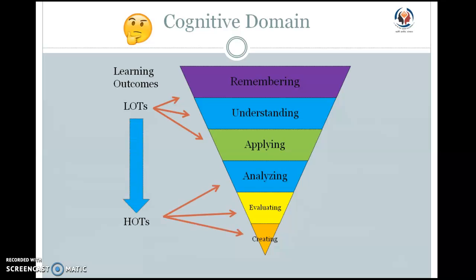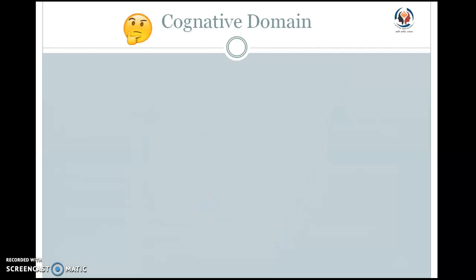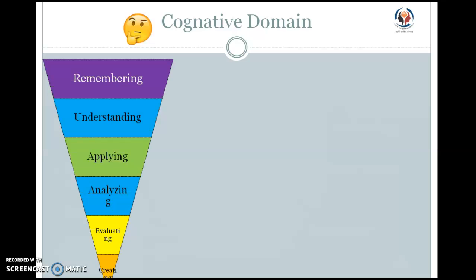Lower order thinking domains are remembering, understanding and applying. Higher order thinking domains are analyzing, evaluating and creating. So let's come to these 6 domains one by one.